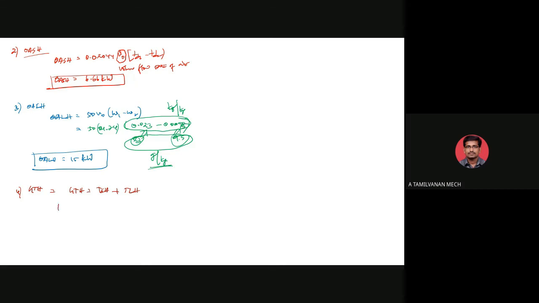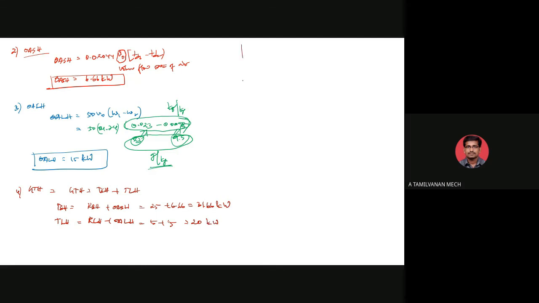Total sensible heat can be defined as room sensible heat plus outside air sensible heat. Then total latent heat is equal to room latent heat plus outside air latent heat. So we already found 25 plus 6.66. In the problem it is given as 5 plus 15, exactly we are getting it equal to 20. Here it is equal to 31.66. Both are in kilowatt.